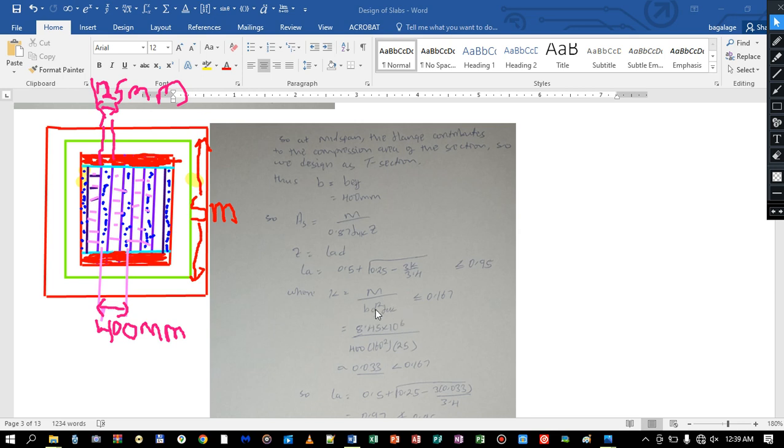Now we need to calculate this parameter b, which is our effective breadth of our section.